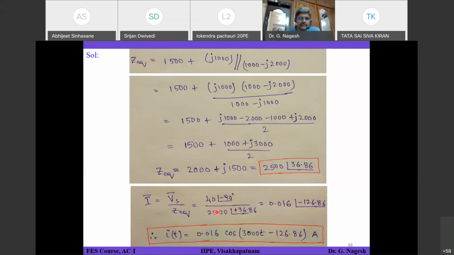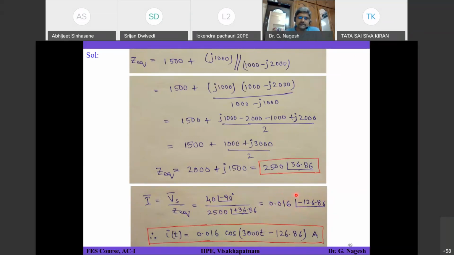So 40 divided by 2500 gives 0.016 as your amplitude, which is your maximum value. And the phase angle, when this goes to the numerator, it will become a minus sign, so it will be minus 126.86. So this is your phasor current.